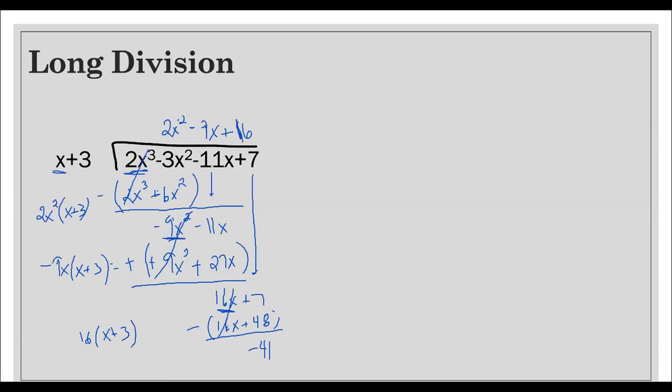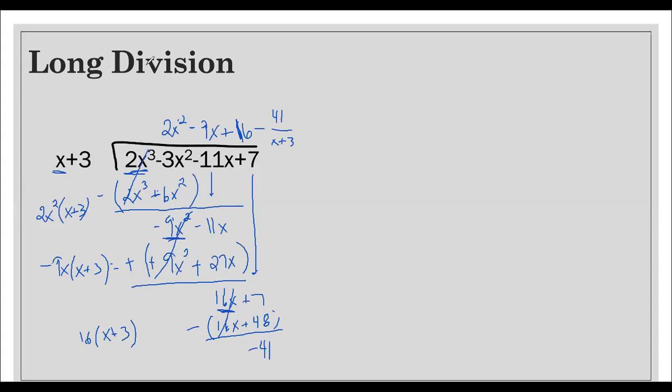And if we want to write this here, we're going to write plus 41. Or actually, sorry, that should be minus, right? Because we had a negative 41. 41 divided by x plus 3. Okay, now again, we can write this a couple of ways. This is our quotient.